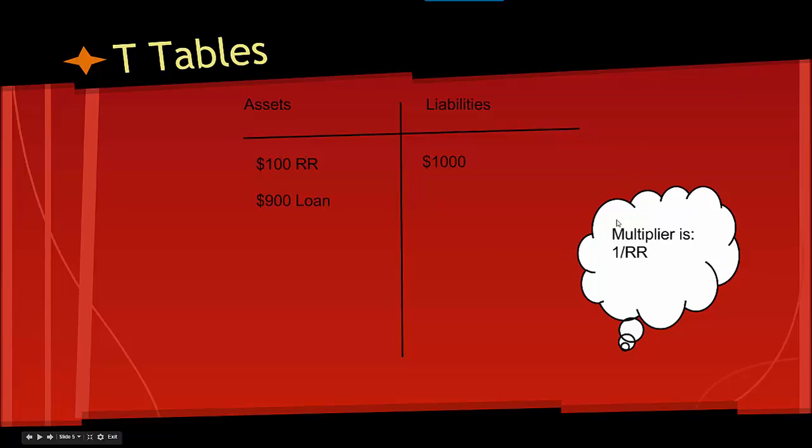Since we have 1 divided by 0.1, you find out that your multiplier in this scenario is 10. So that's how much money is going to be going out. And this ties into fractional reserve banking, because the more you loan out money, the greater the money supply would increase.